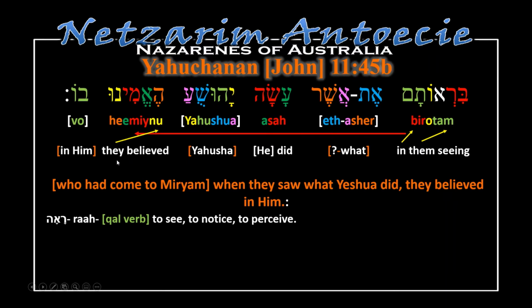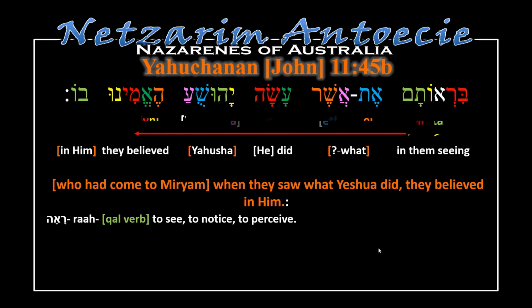Because we're talking about the Yehudim, right? They believed. Vo, meaning in him. So therefore, who had come to Miriam, when they saw what Yeshua did, they believed in him. All right, now let's read it. Bir'otam et asher asa Yahushua he'eminu vo.